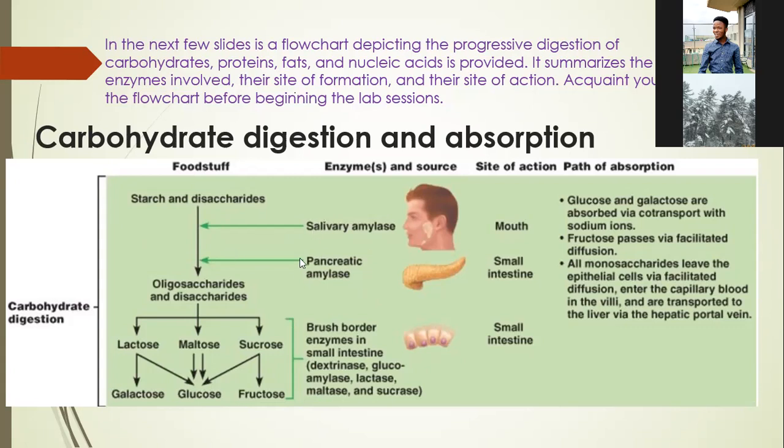Now, once you chop them, this will happen in the mouth because the first place they are going to encounter amylase is within the mouth. So this amylase will be chopping it into shorter carbohydrate chains. These are the ones which will be taken into the esophagus.